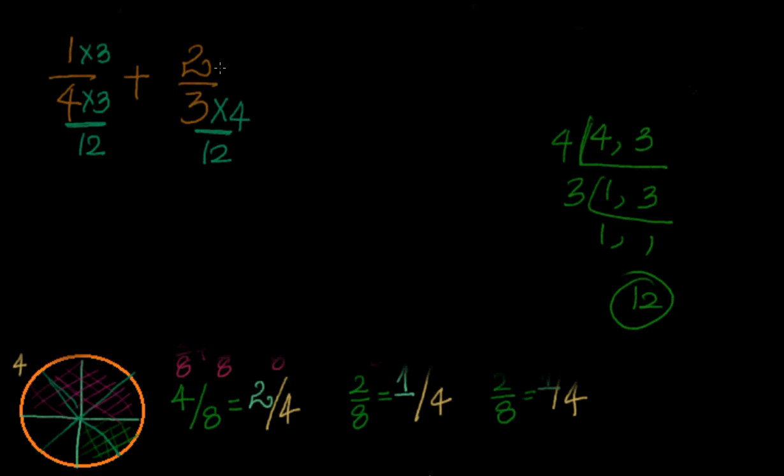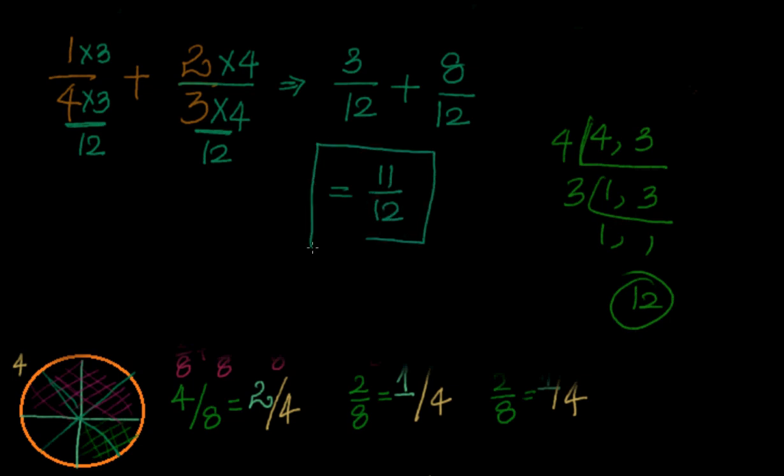So I will multiply by 4, both numerator and denominator. Now I have made them like fractions, so I can add them easily. I can say 3 by 12 plus 8 by 12 is equal to 11 divided by 12. This is how you can add two fractions.